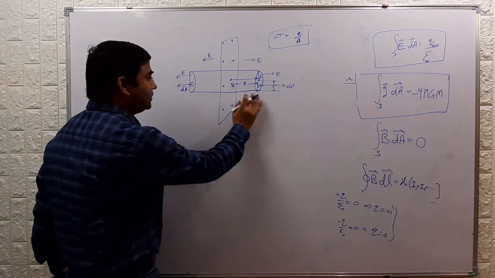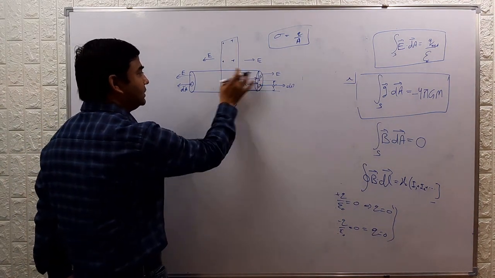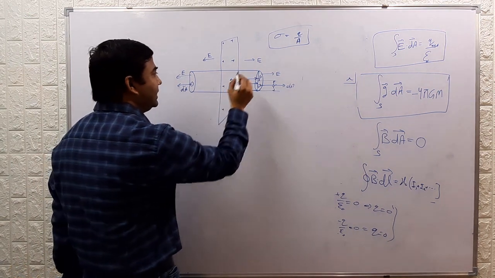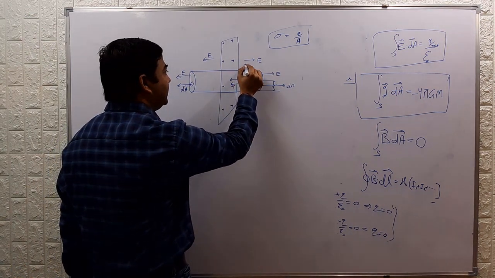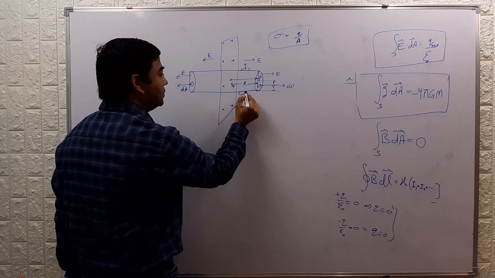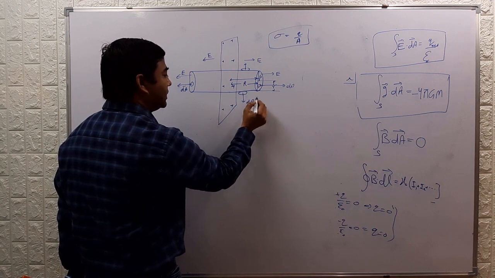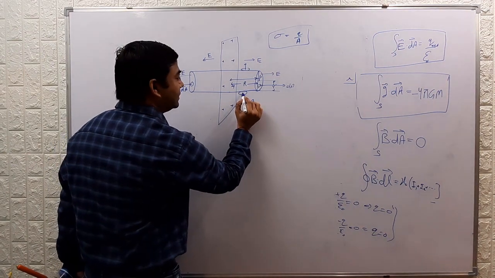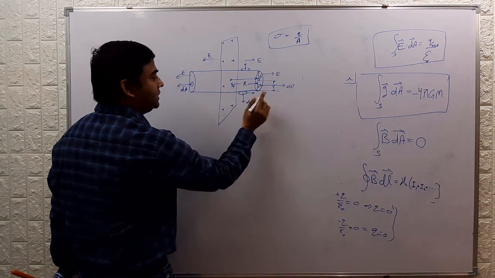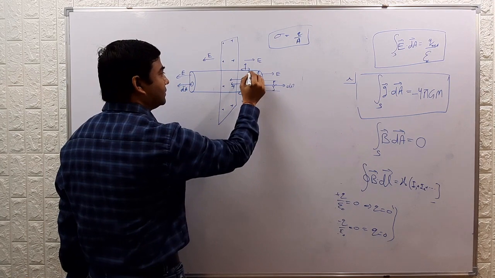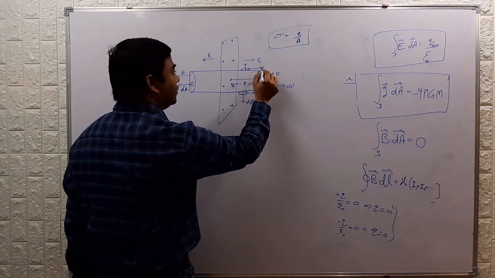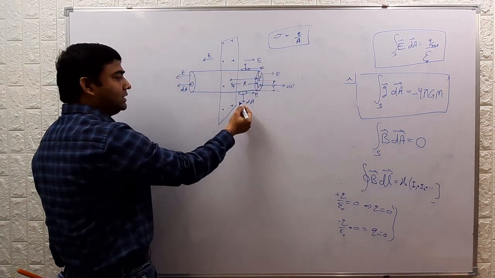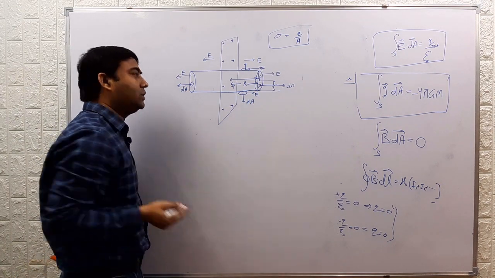Now for this curved path, you can see the area vector is perpendicular to the curved surface, whereas vector E is directed away from the sheet. For the whole curved path, dA and E are perpendicular.